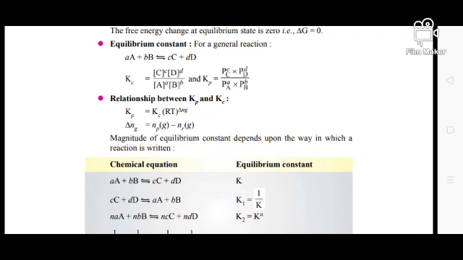The moles are written as exponents. First we write the products, then after the vinculum, in the lower part, we write the reactants. So this is the idea of how the equilibrium constant is written.